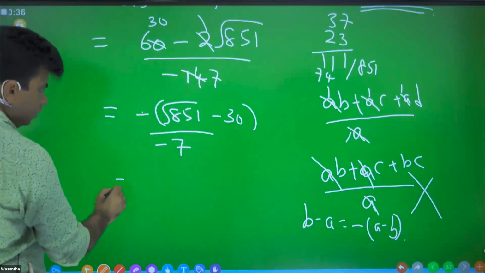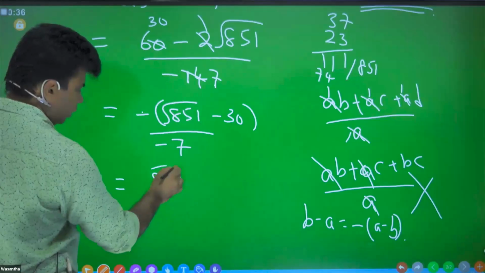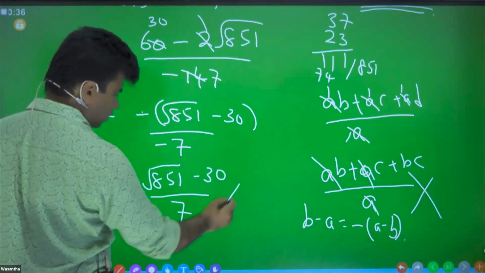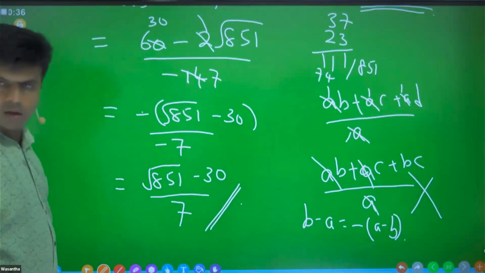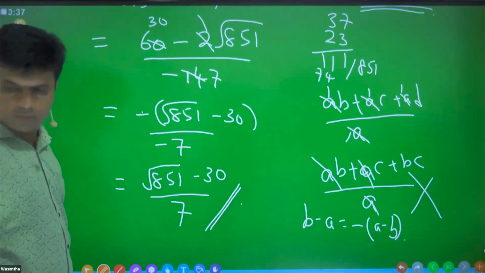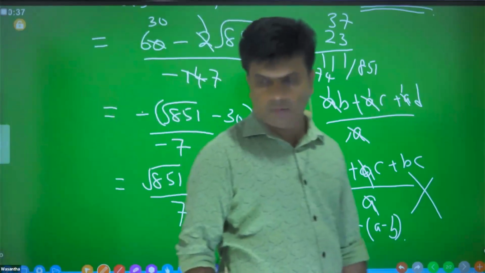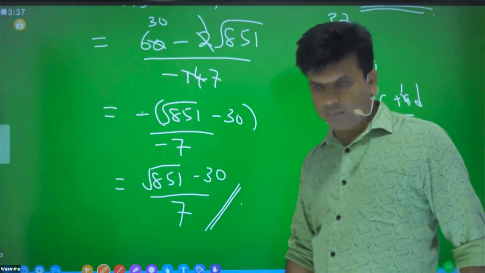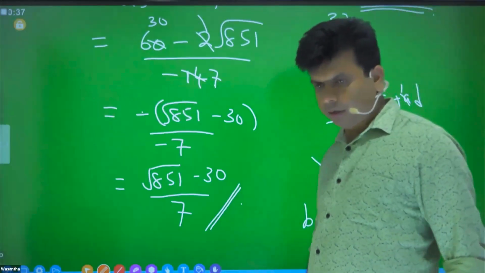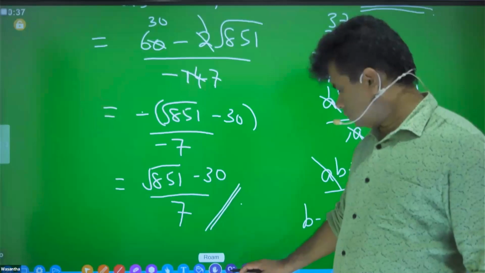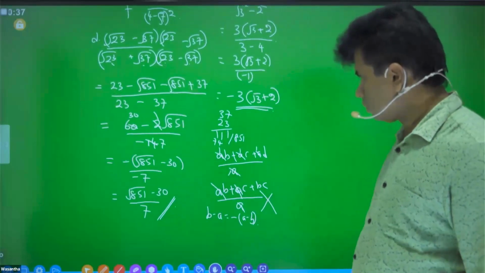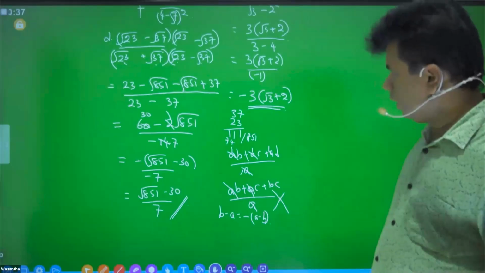Minus or minus plus root 851 minus 30 divided by 7. That's the answer. Who got this? That's right. That is part B, okay?